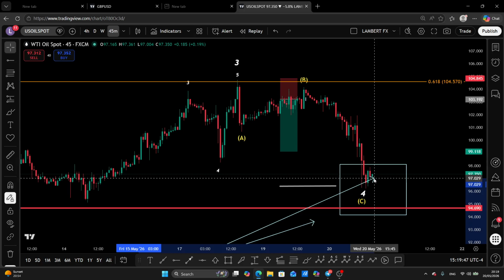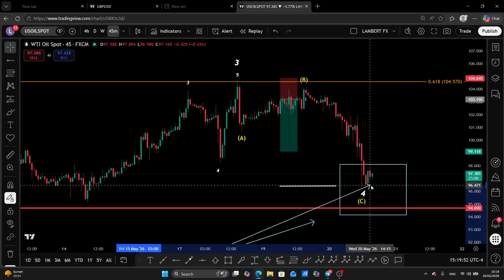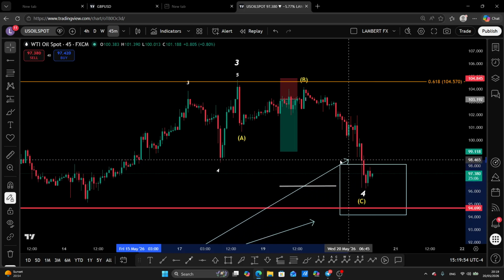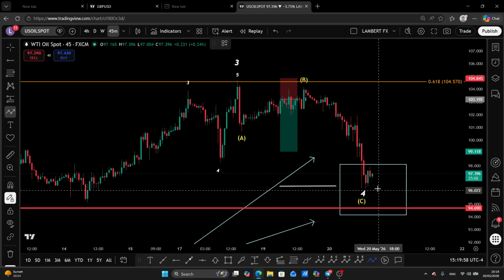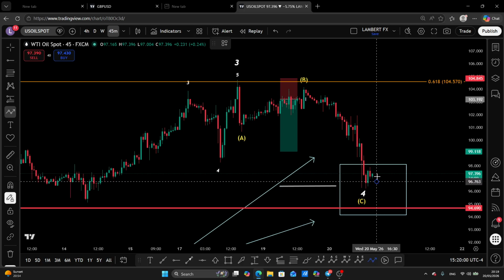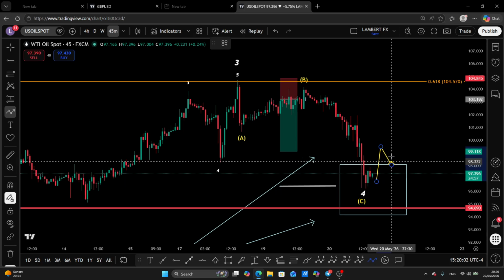Alternatively, what you could do is drop down to the 5 minutes time frame. Look for a 5 leg up. Look for something like this. Inside this box, start looking for something like this.